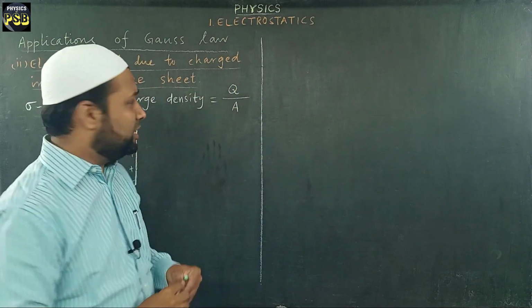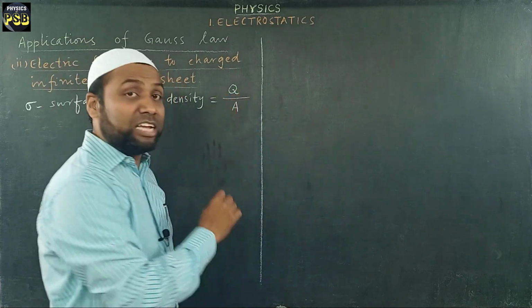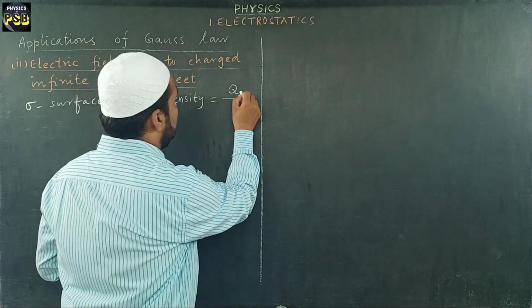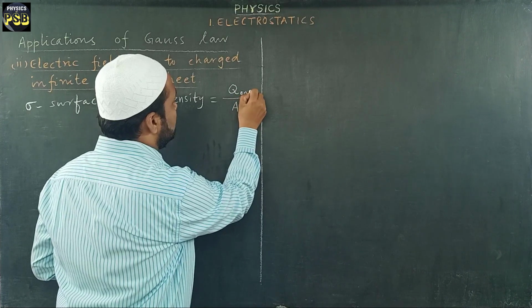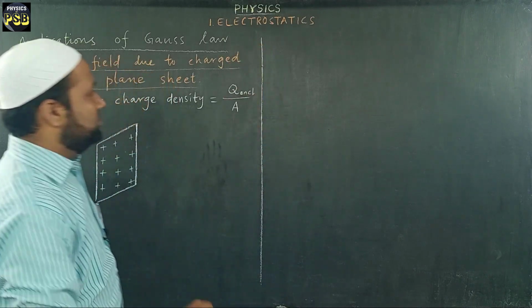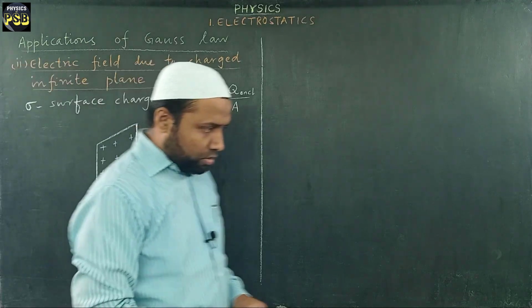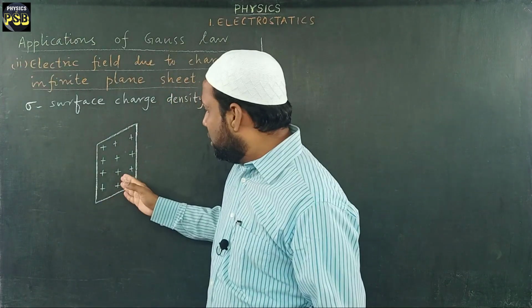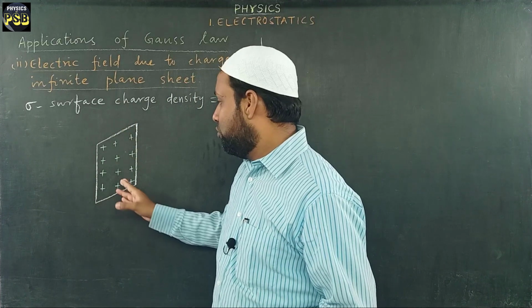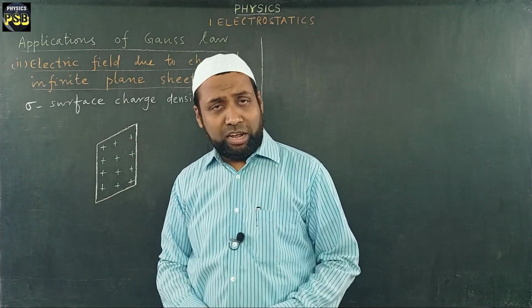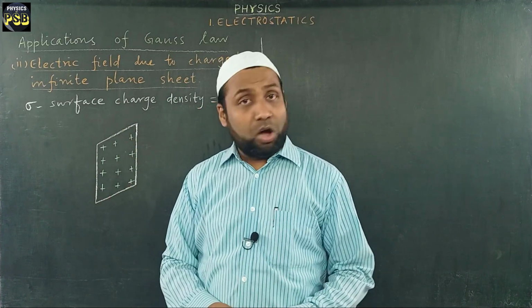Here when we say charge, it represents the charge enclosed by the closed surface. Okay. In order to get the electric field for this charged sheet, I apply Gauss law.